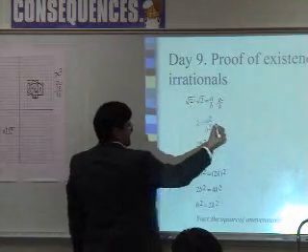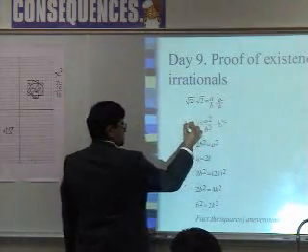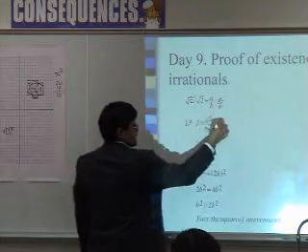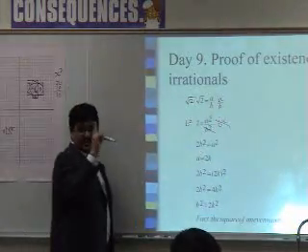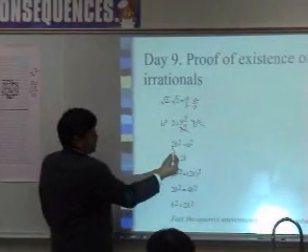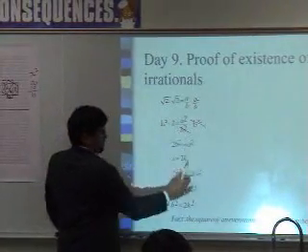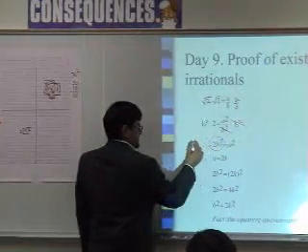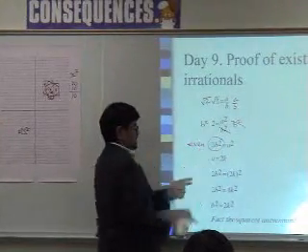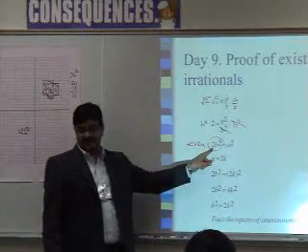If I multiply times b squared, these two b squareds cancel each other, because b squared divided by b squared is 1. And I get 2b squared equals a squared. This number is even because it has a 2 as a factor.